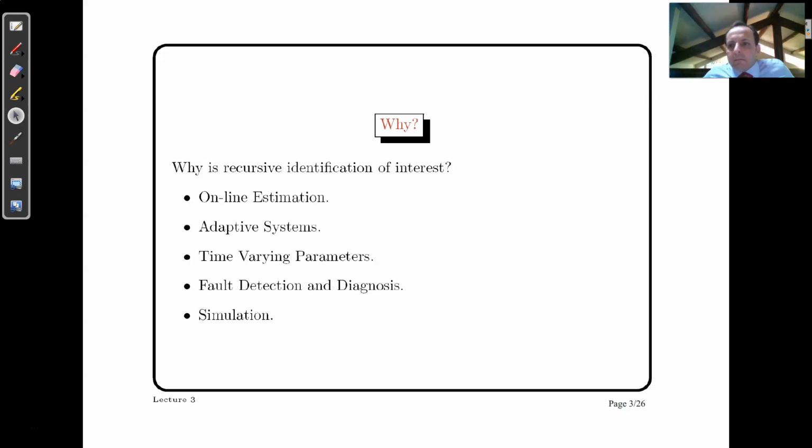Well, it depends on the case. In some cases, it depends on the effect. Some parameters can be modified, for example, to slow down your process.